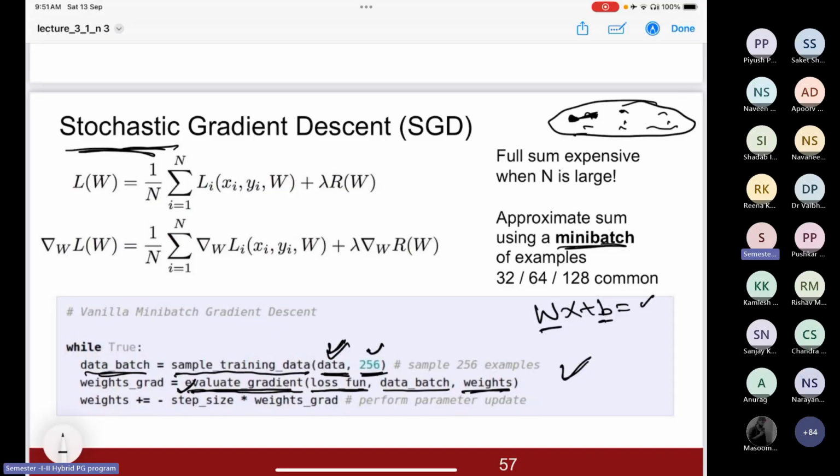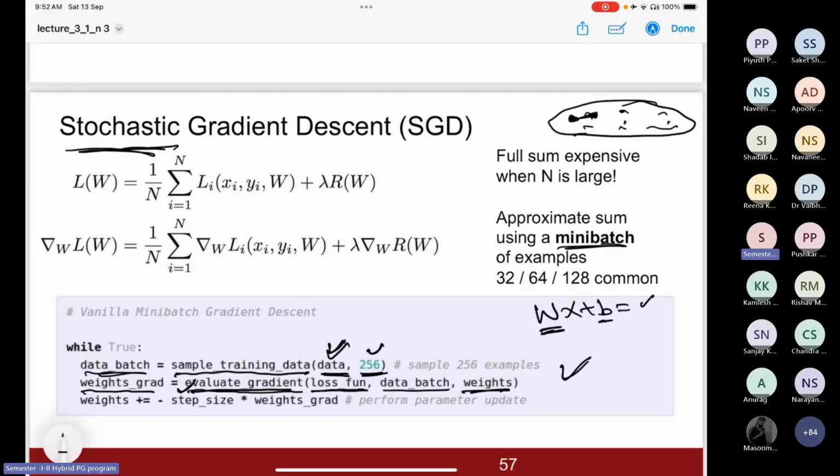Let us ignore the bias for now for simplicity, though the bias will always be there. It will calculate the loss, find the gradient of the loss with respect to W, and that will be returned here.